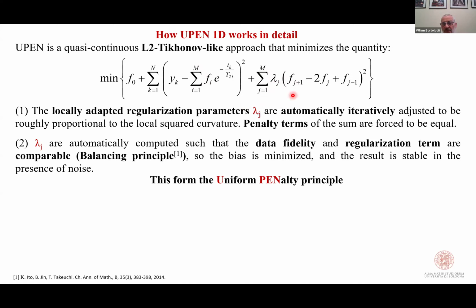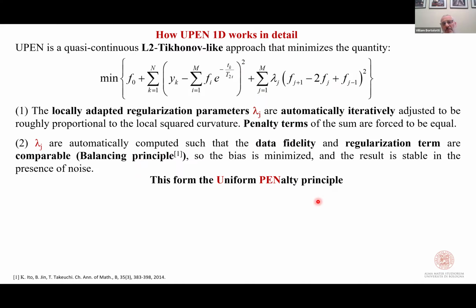How to compute them? Using the balancing principle. The error of fitting for the penalty terms and the regularization term should be equal. This can be demonstrated, and Fabiana has also demonstrated it: it is possible to show that if you use the balancing principle, this minimization converges to a result.